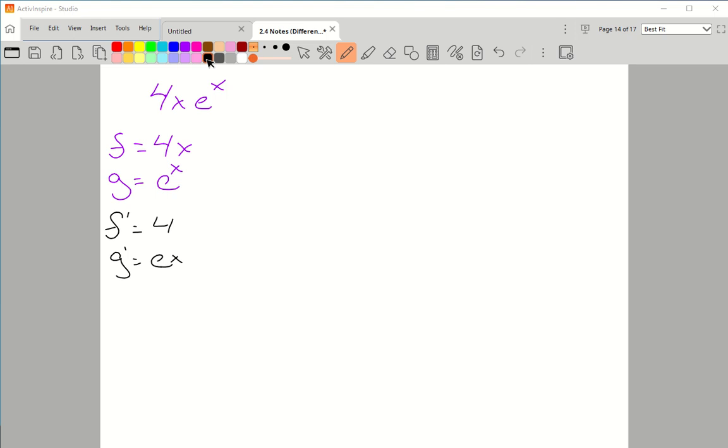So as I plugged it in, f prime g plus g prime f. So I could rewrite that as 4e to the x plus 4x e to the x.